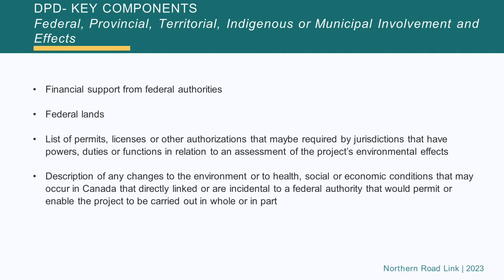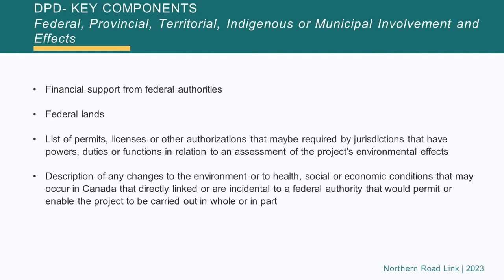So this might include identification of any financial support from federal authorities, identification of federal lands. Another key one is a list of permits, licenses, or other authorizations that might be required by, and it says here, jurisdictions that have powers, duties, or functions in relation to the assessment of the impact on the environment of a project.